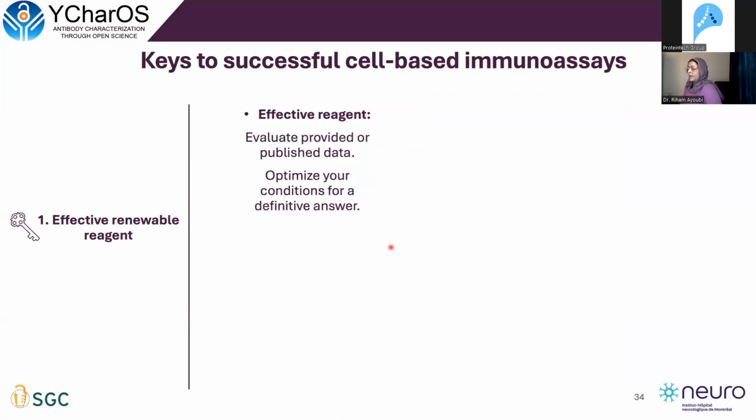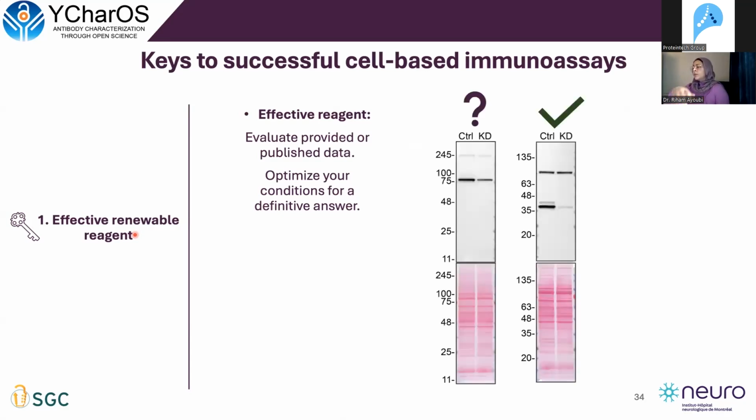So in our experience, a successful immunoassay depends on an effective and preferably renewable reagent that is, of course, consistent. And this is the very first thing we want to look for. However, for the reagent to be effective, we need to evaluate the data, as I mentioned earlier, and actually even your own data.